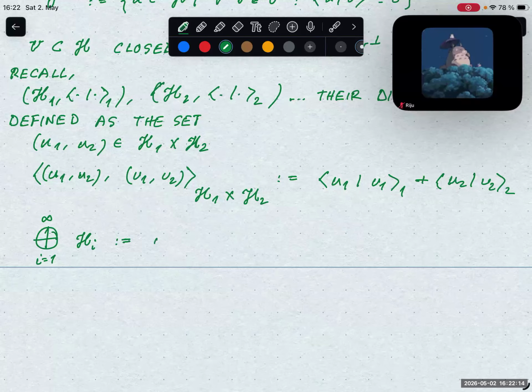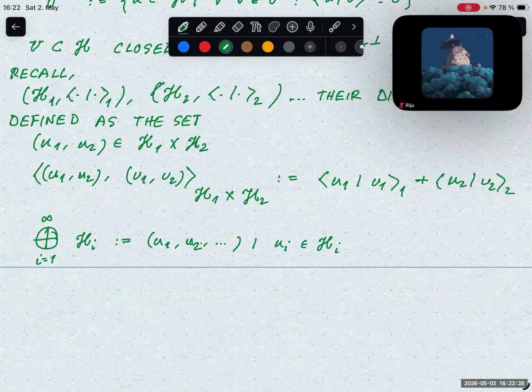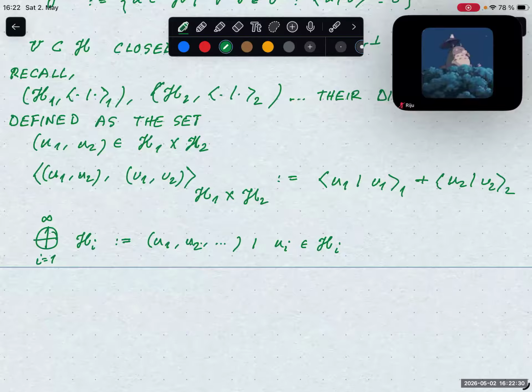I think it's self-explanatory. You take u1, u2, and so on, such that each ui is an element of the individual Hi, and we need completeness or convergence.